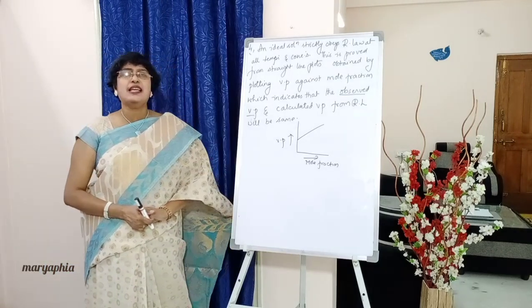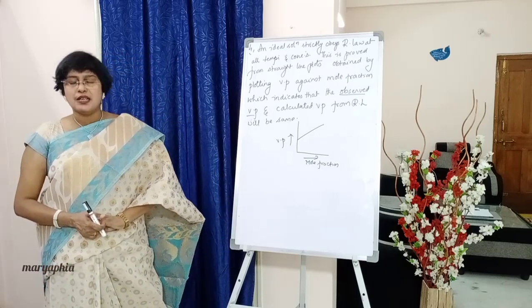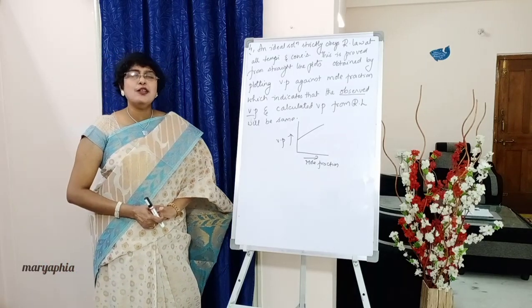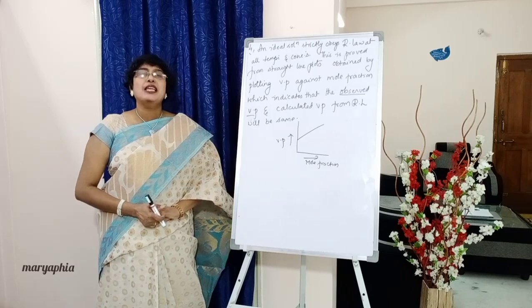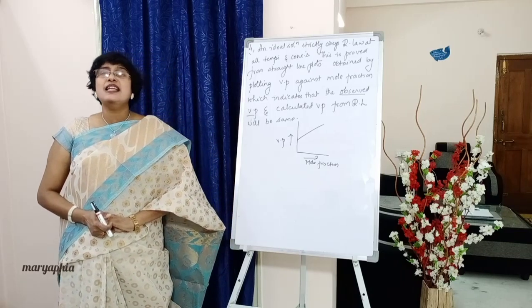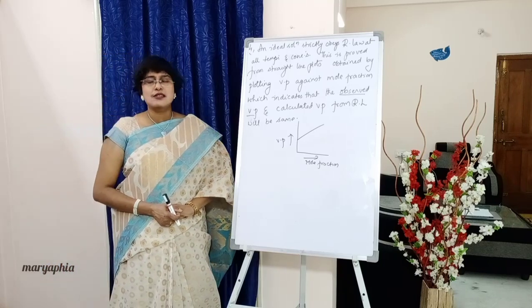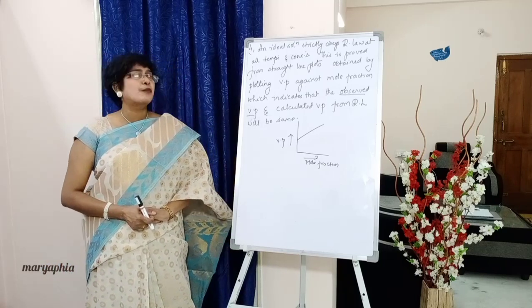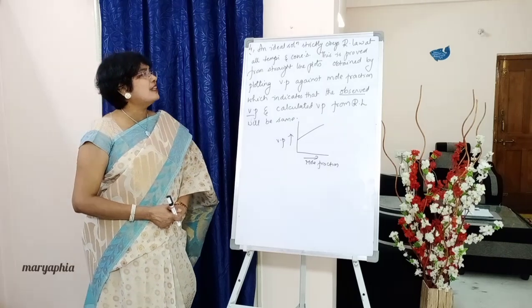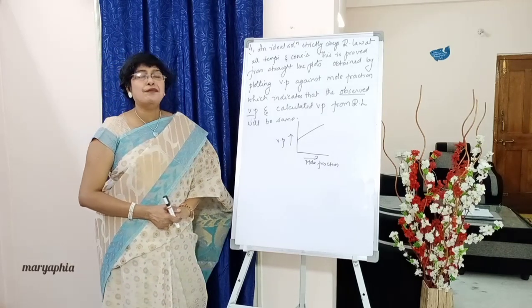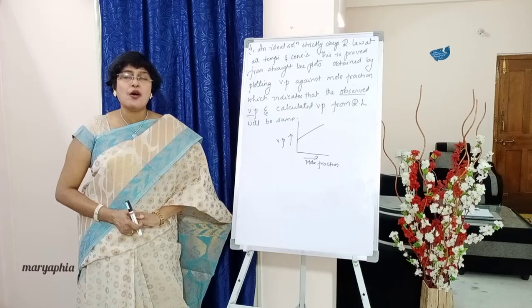On the Y-axis vapor pressure is taken, on the X-axis mole fraction is taken. When you plot a graph between these two, if we get a straight line, then we can say that the solution is ideal and it obeys Raoult's law at all temperatures and concentrations. That is what I have written here: this is proved from straight line plots.